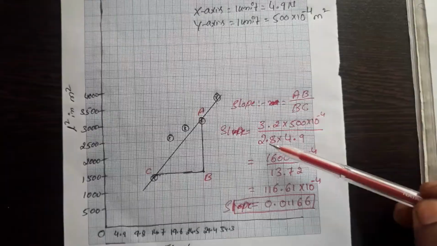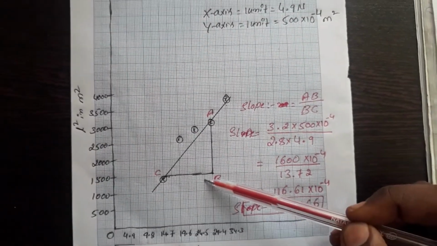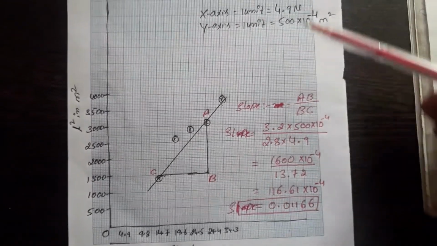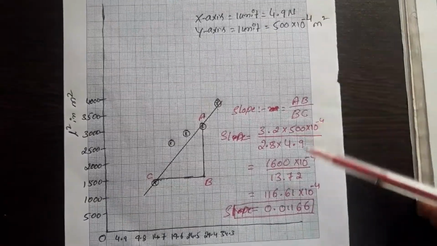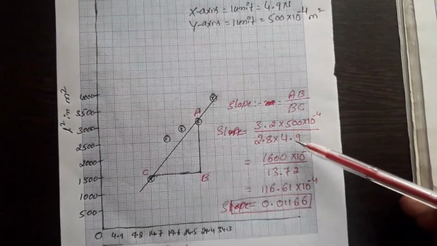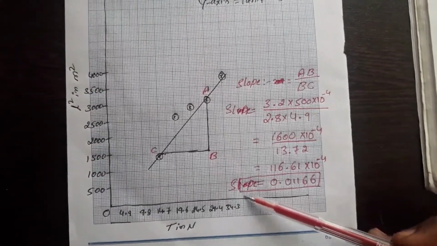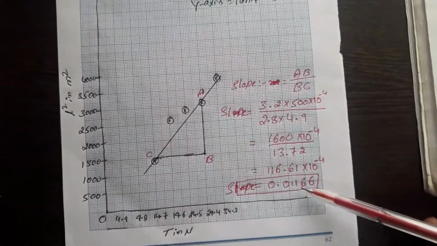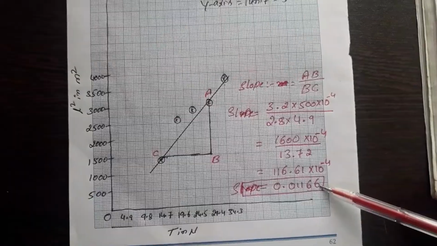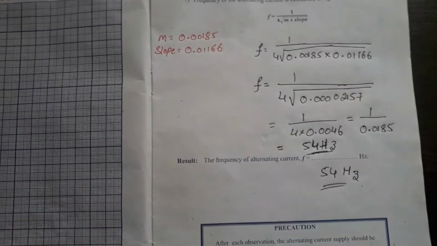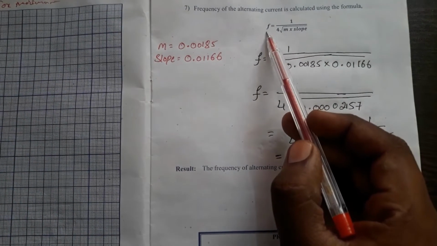BC length is 2.8, and BC is in the x-axis, where the scale is 4.9. So 2.8 into 4.9. Calculate, and you get the slope 0.01166.